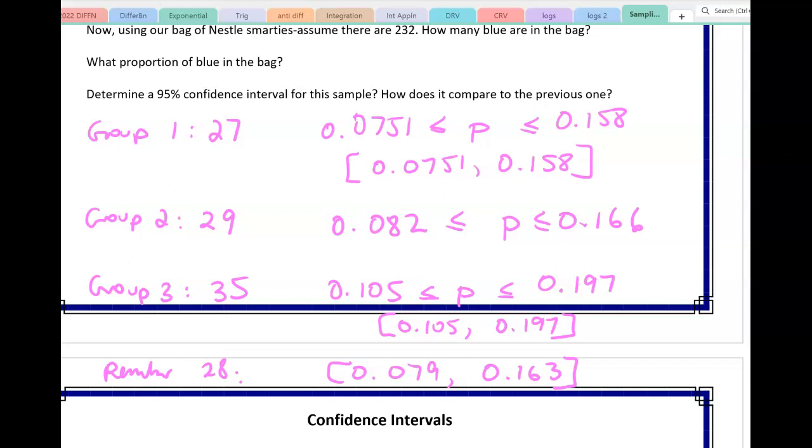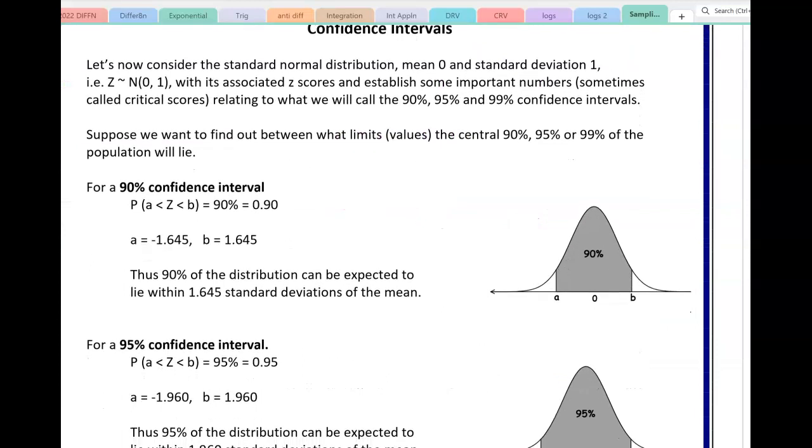We will be out slightly; the idea is that 5% of samples will most likely not. So really today it's just practicing that idea of determining the interval and how we get the values that are associated with it.